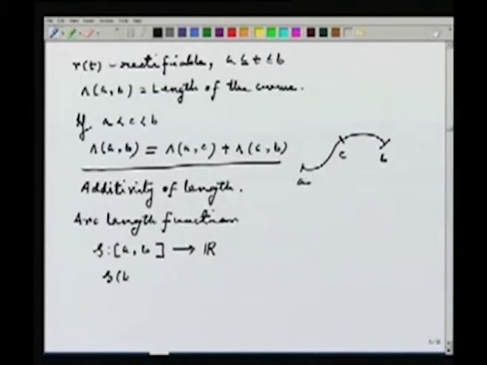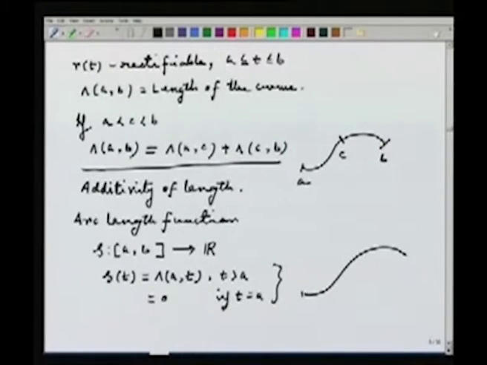S(t) equals lambda AT if t is bigger than a, and this is equal to 0 if t is equal to a. So what we are doing is that if the curve is this, let us say a and b, then from here I start moving. Suppose this is the point t, then the length which I have traversed, that is lambda AT, is called S(t).